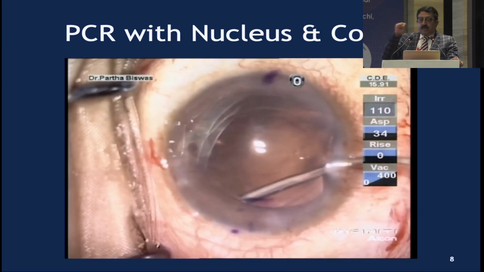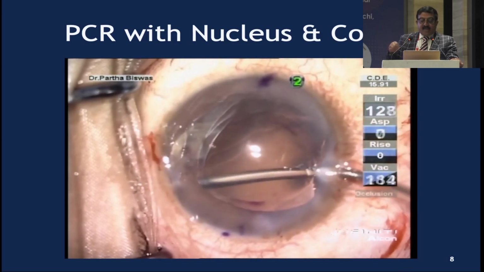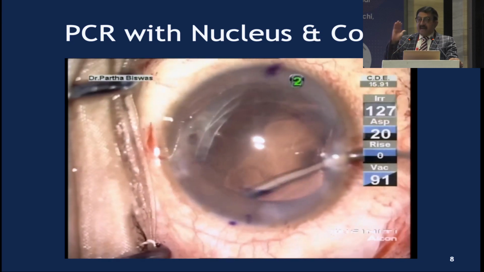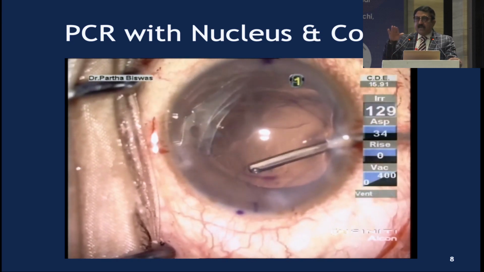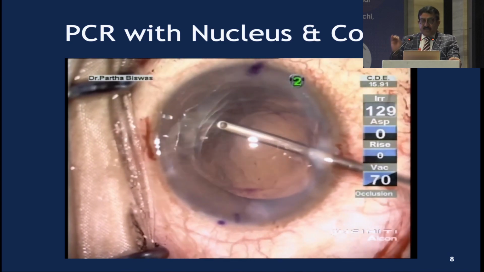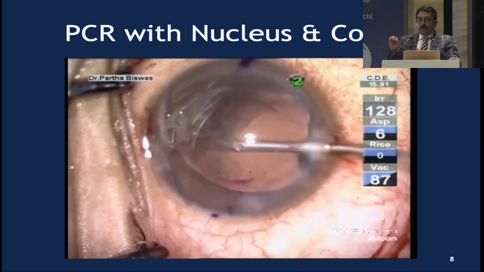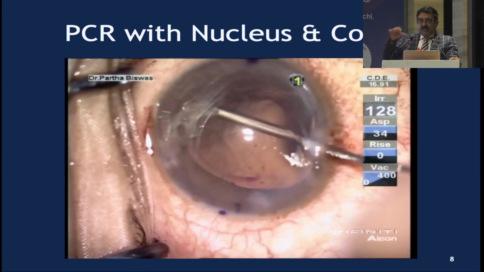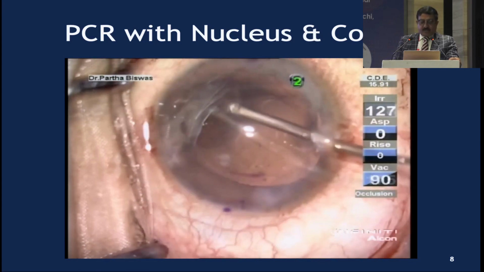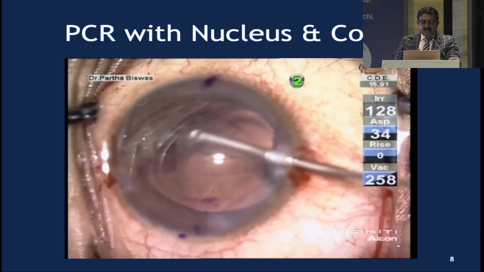I could make a PCC and then place the toric lens in position, and that can be done. So if a toric lens has to be placed, it should be placed only if you have carved out a PCC or the rupture is 90 degrees opposite the toric markings.